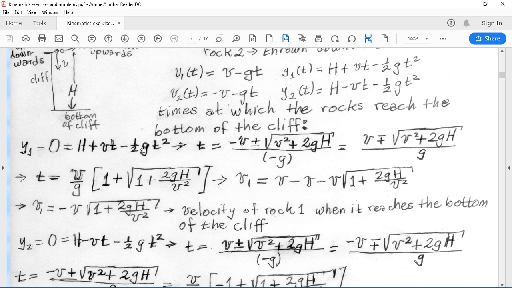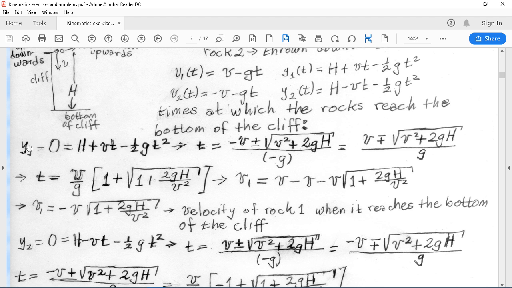So h plus vt minus 1/2 of gt squared will equal 0. So we have to solve this quadratic equation, and the solution for this quadratic equation gives us this expression for t.